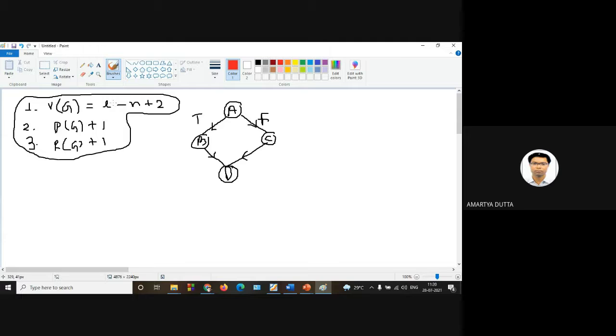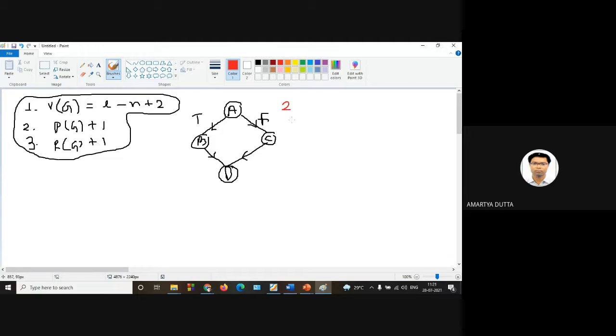How many edges and how many vertices are there? 4 edges and 4 vertices. So 4 minus 4 plus 2 is 2.